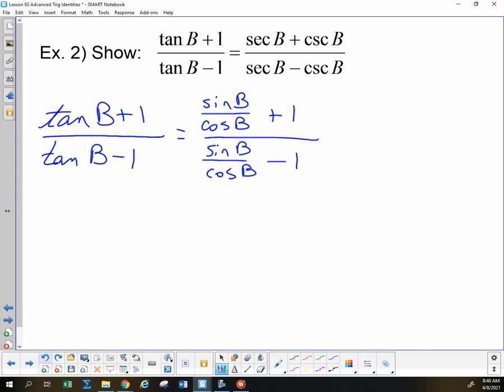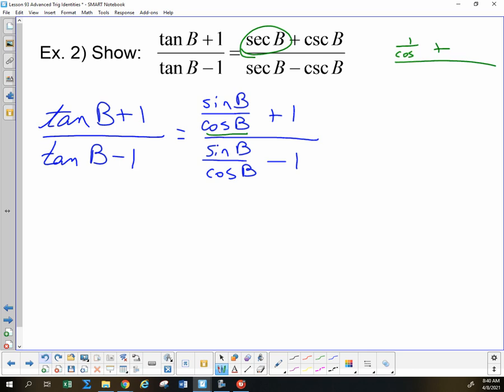Okay, you know, I want a secant. A secant is what with sine or cosine? So I know I want to start off with a 1 over cosine up there. So maybe I want to keep that cosine and just get rid of that sine in that first term.